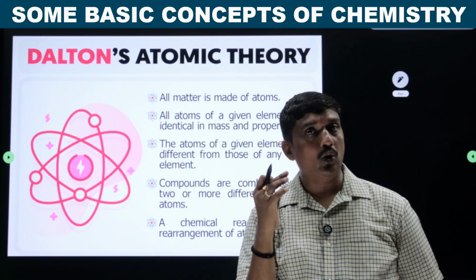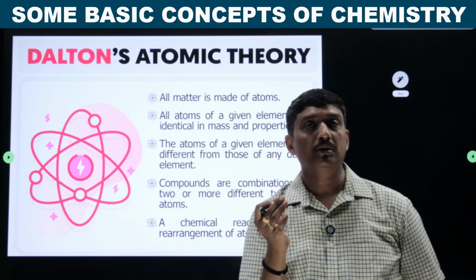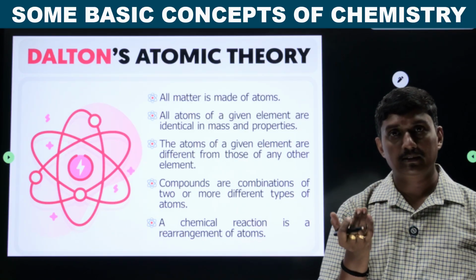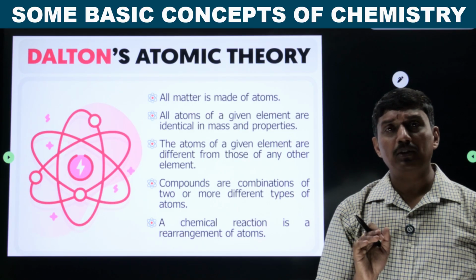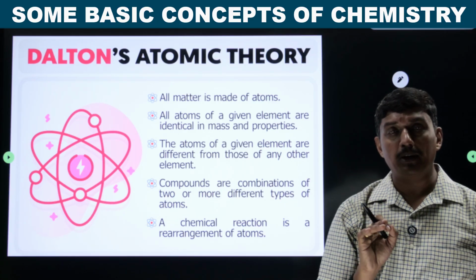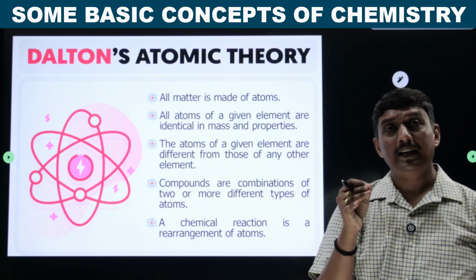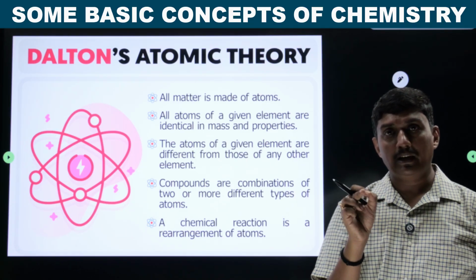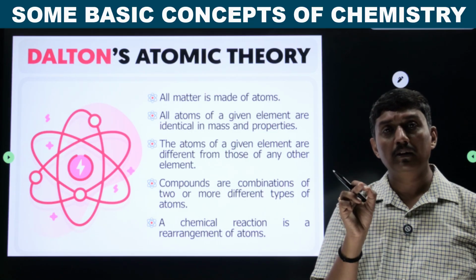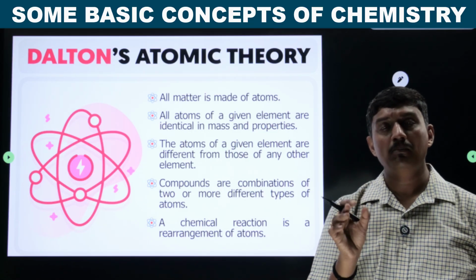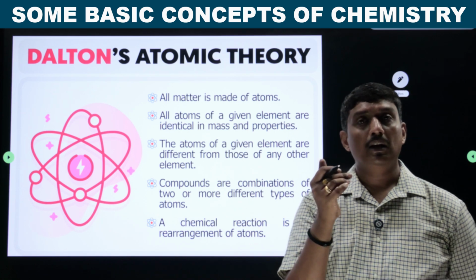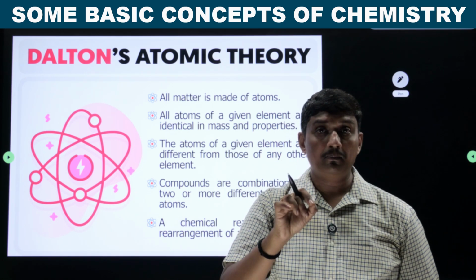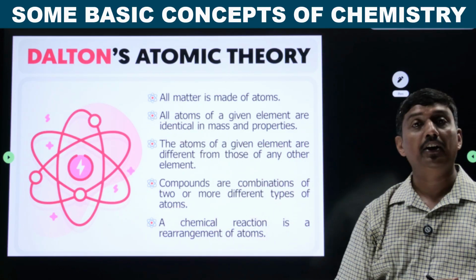So if you recall the definition, matter is made up of elements. Elements are made up of a similar type of atom. If you take a particular element, that element is made up of the same type of atom, hence it is said to be an element. The concept of atom was given by Dalton.